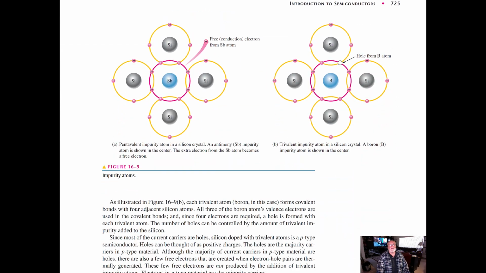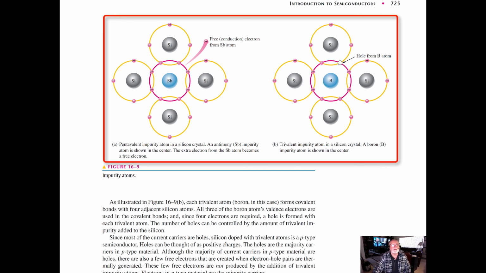If we look at the diagrams here, we can see the pentavalent structure and the trivalent impurity atom when we add a doping atom into the mix. As illustrated above, each trivalent atom, boron in this case, forms a covalent bond with 4 adjacent silicon atoms. We can see that here.